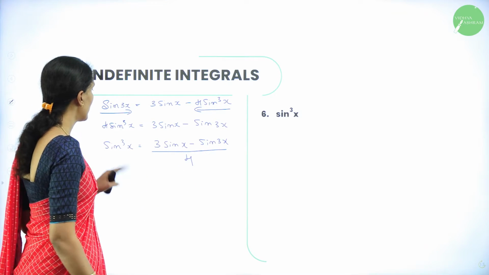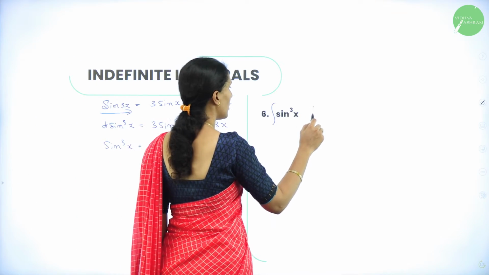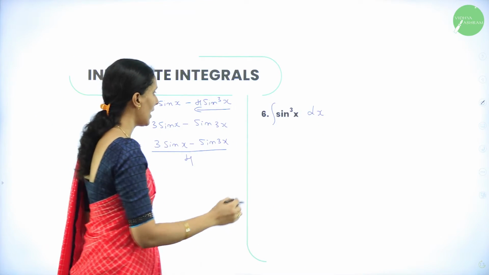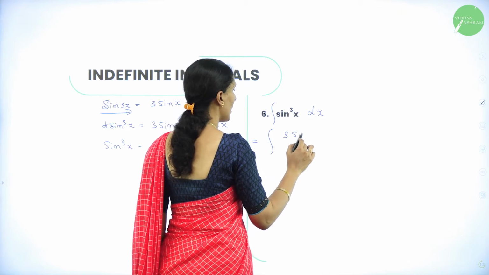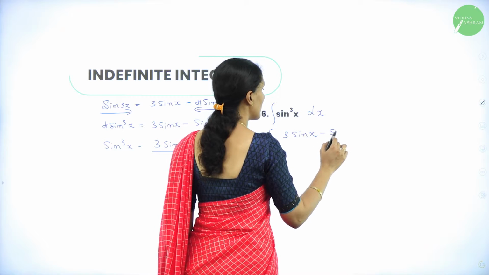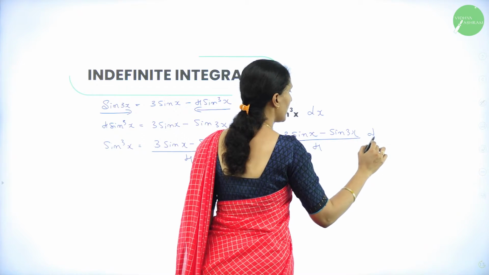So replace sine cube x by this formula. So integration of sine cube x dx can be written as integration of 3 sine x minus sine 3x whole divided by 4 into dx.